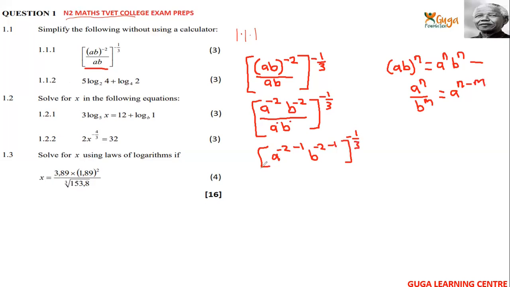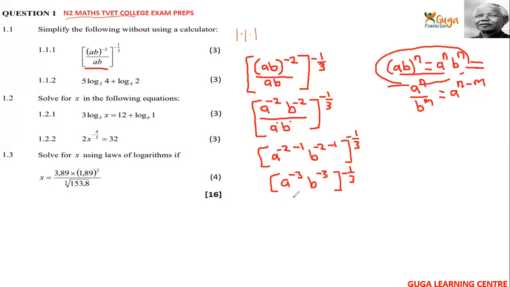Negative 2 minus 1 is negative 3, so A to the power of negative 3 and B to the power of negative 3 again, all raised to the power of negative 1 over 3. If you check, we went back to the first rule of exponents, the one that I wrote here.